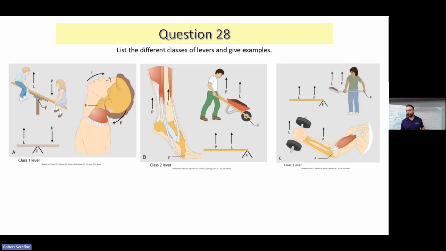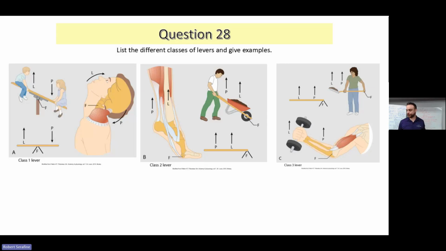Just like your calves would be lifting up your weight, because your weight is dead center of the ankle. Your tippy toes, what you're trying to stand on, are the fulcrum or pivot point, and your calves are pulling at the back of your heel, which is right behind the bulk of your weight. So, calves.